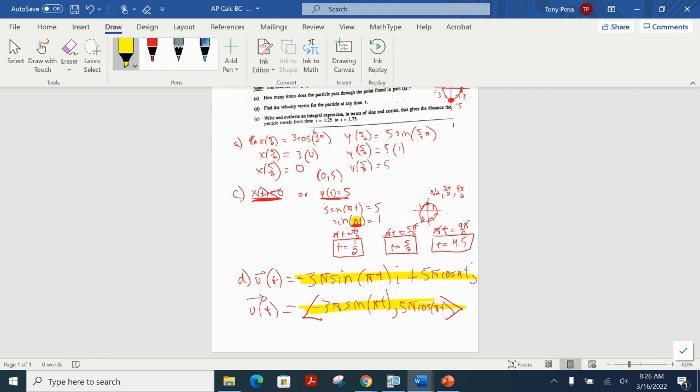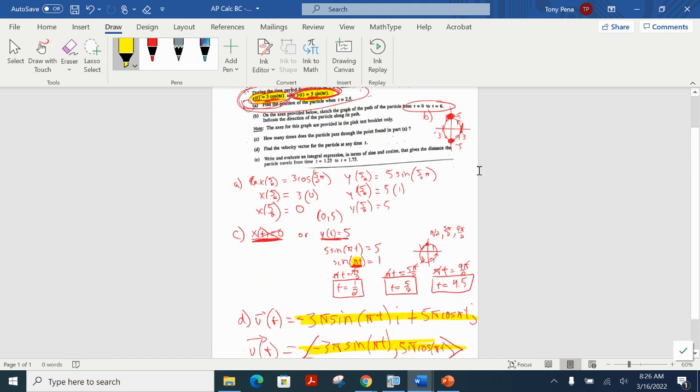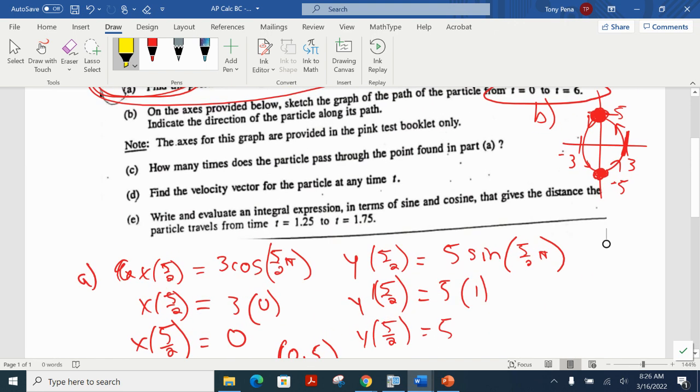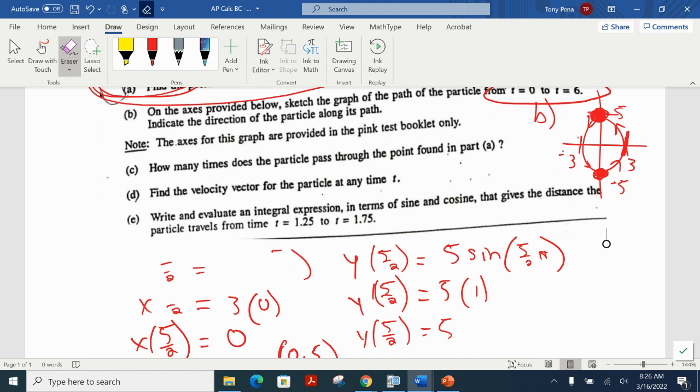All right, and then last but not least, write and evaluate an integral expression in terms of sine and cosine that gives the distance this particle travels. So I'm just going to create some space here so I can see this. I wrote too large anyway.